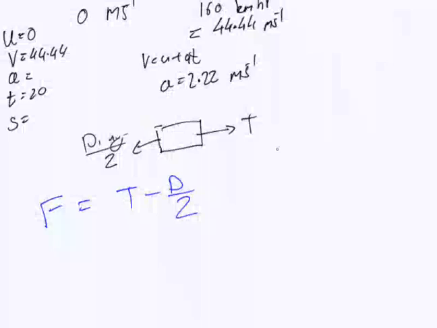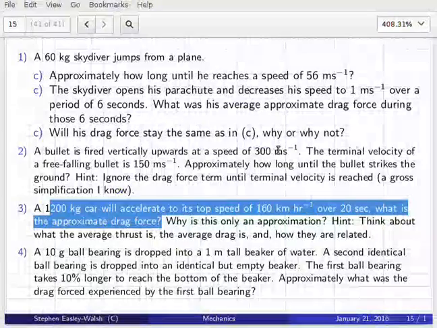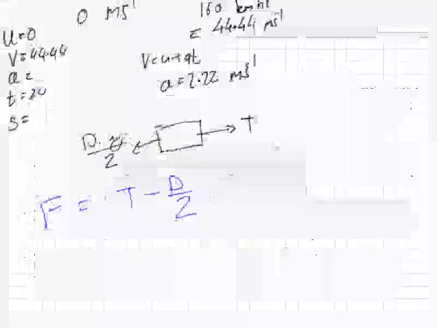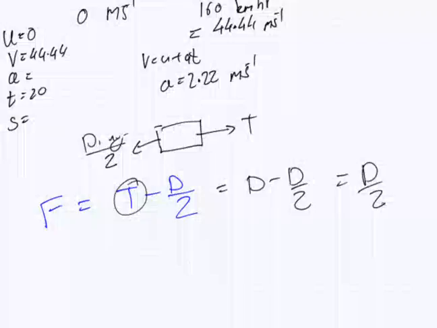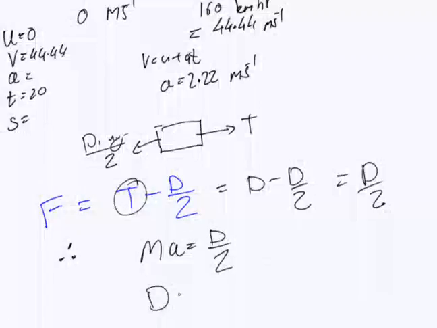So u is 0, v is 44.44, t is 20, and I really want to know what the a is. 2.2? For sure? Seems kind of small. 2.2 or 2.22? Okay, let's check.